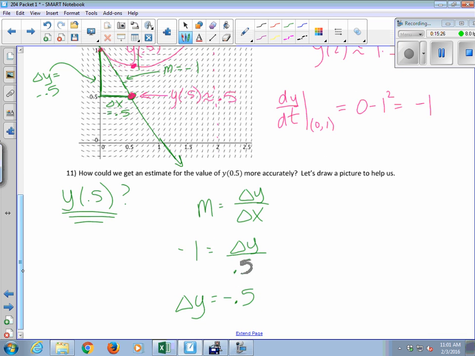So I know my change in y, my new y, y of 0.5, is going to be my original, what y of 0 was, plus the change in y. So y of 0.5, I should say approximately. Y of 0 was 1. My change in y was negative 0.5. So I get 0.5 as my approximation for y of 0, I mean for y of 0.5.